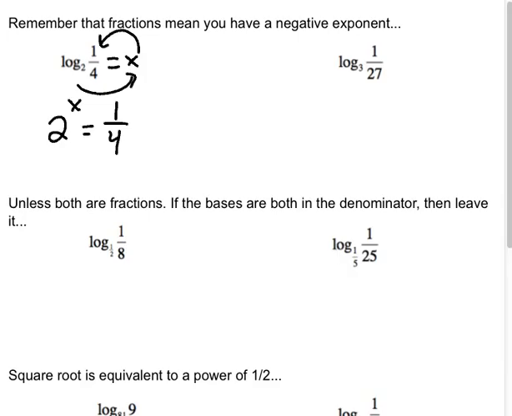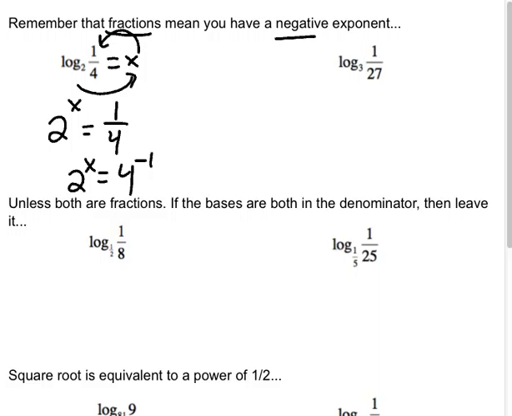Now, here's where some manipulation comes in. This one is not as obvious to see. So I've given you some hints. I've broken this down. So remember, fractions are going to mean a negative exponent. So I can rewrite this. This 4 is the same thing as 4 to the negative 1.